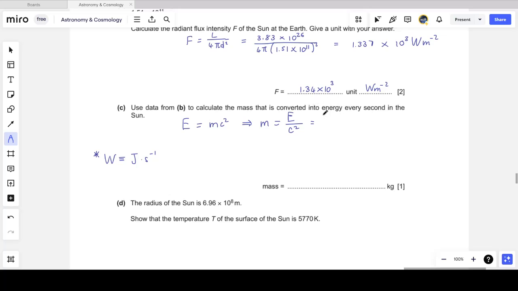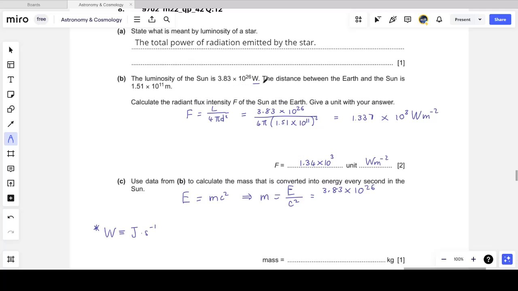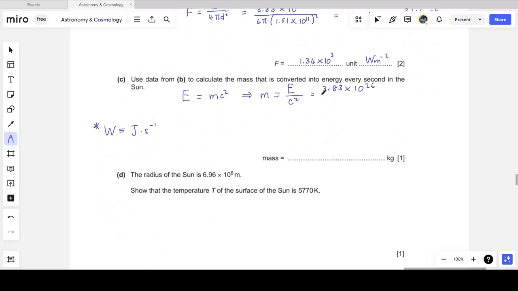Rather, in this case, we want the total energy. So it's 3.83 times 10 to the power 26, that's the amount of joules per second that the sun is emitting, divided by c squared, which is 3 times 10 to the power 8, squared.